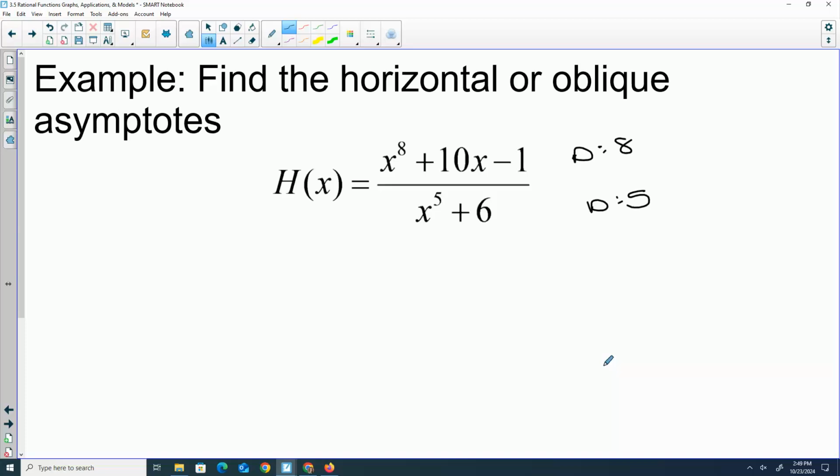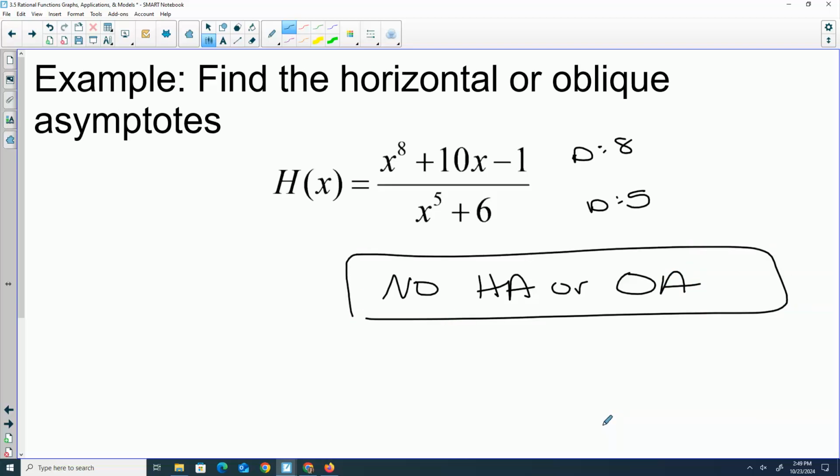If it's x to the 3rd, that's not a line, so that means there is no horizontal or oblique asymptote on this one. Okay, because if I actually divided it, I get x cubed. Asymptotes are just lines. Does that make sense to everyone? So we can have horizontal, we can have oblique, we can have none.